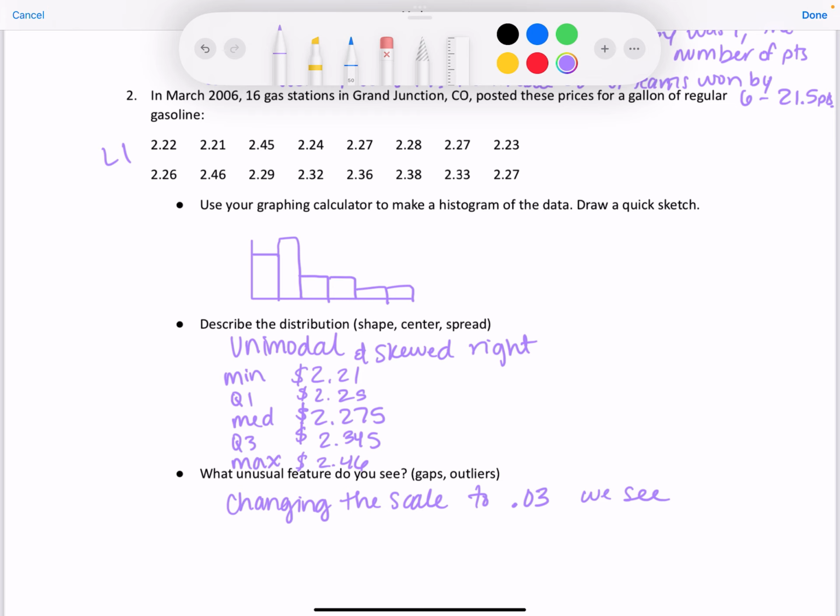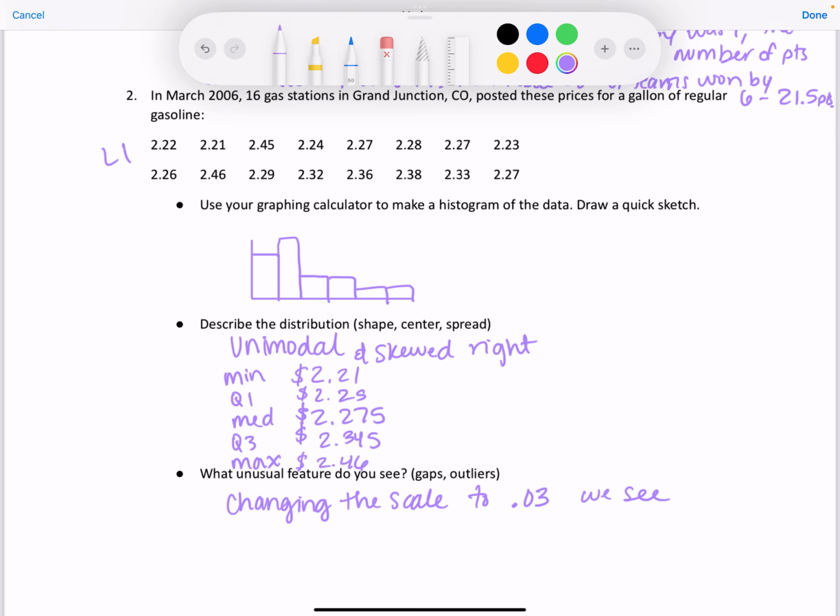So go back to window, change it, and then just hit graph. Always hit zoom stat after you initially graph, and that's the picture that I want to see. After you do the initial histogram, that's the graph I want to see when I ask you to draw me a histogram.